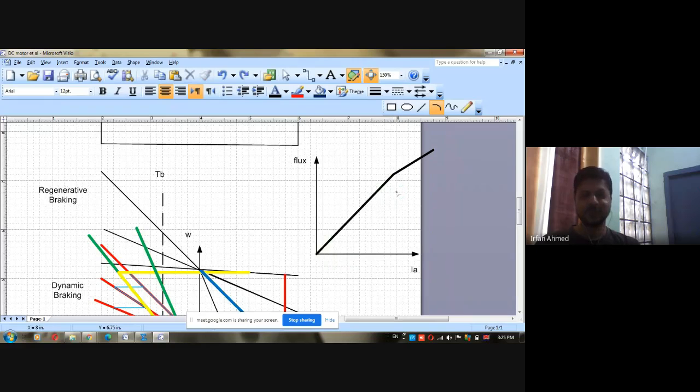This curve is not coming properly, but you get this type of curve.